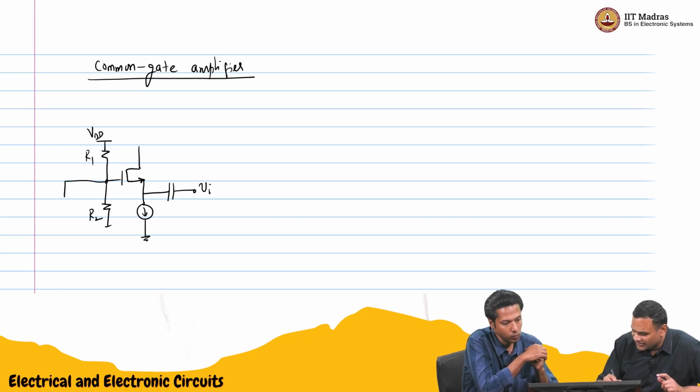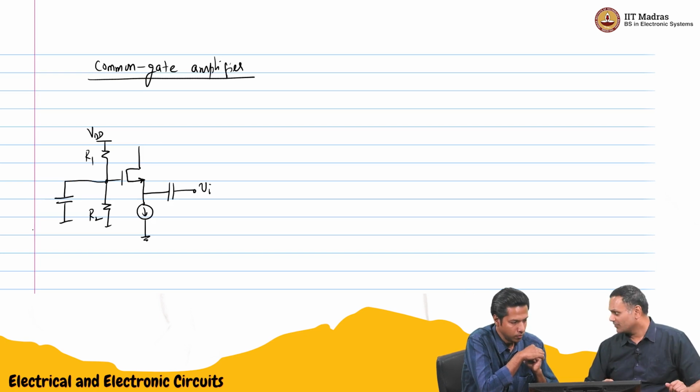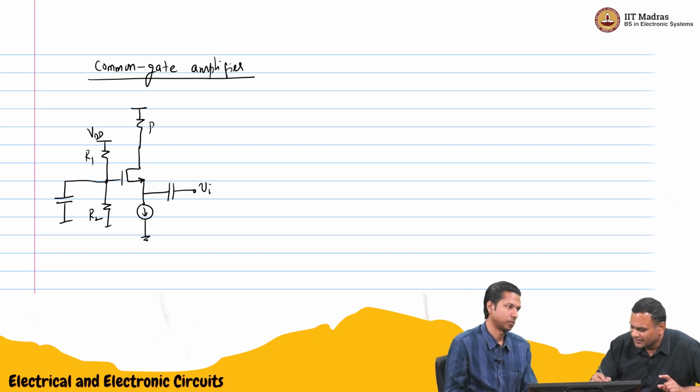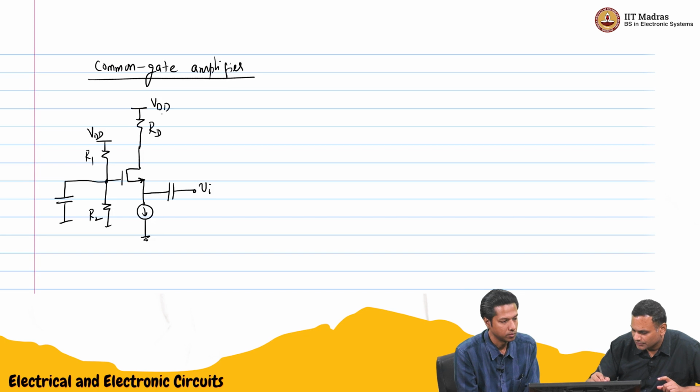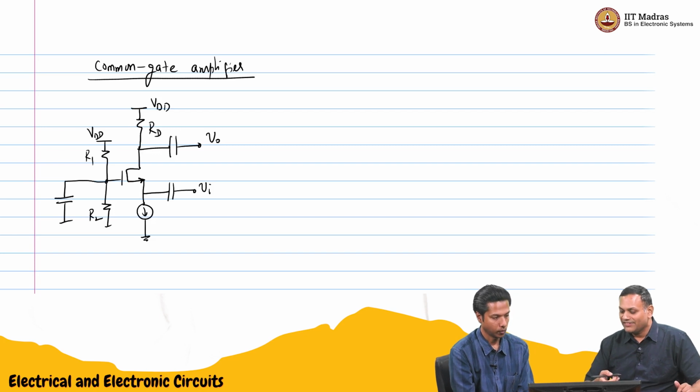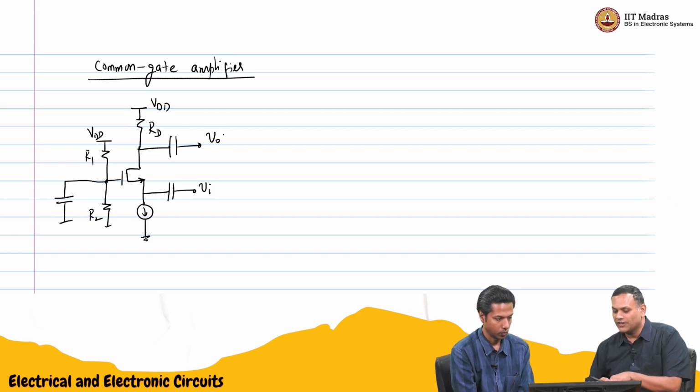So you may want a large capacitor there, so that it's actually a common node. The output is again taken across a resistor RD, like this.